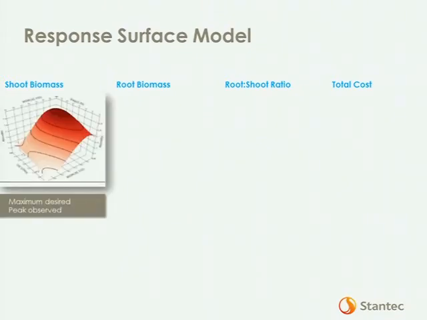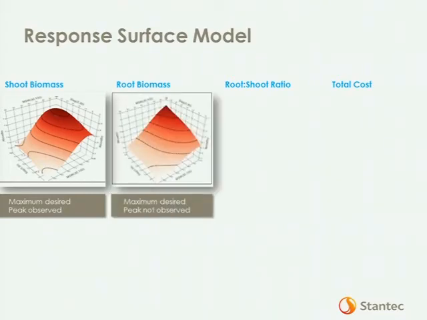Okay? So what I'm presenting is 3D images of the municipal solid waste and the steel slag amendments. Just for the sake of brevity, I didn't want to go through all of these. With the shoot biomass, we did find a maximum in the range of around 80 tons per hectare of compost and around 25 tons per hectare of slag.